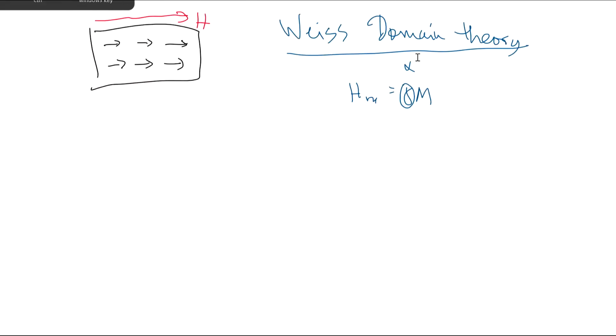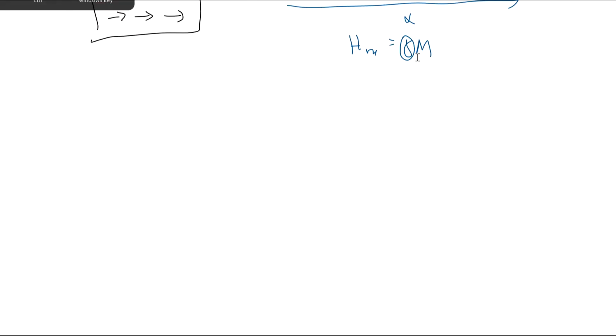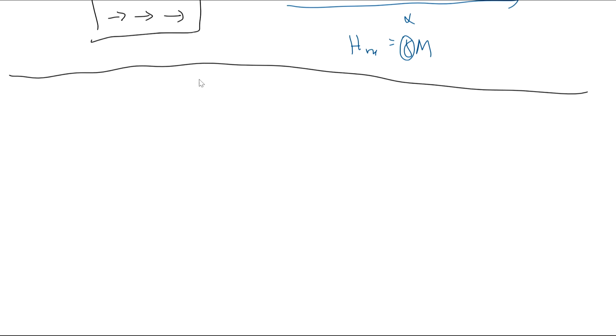If we talk about the history of this, there are several experimental observations. So let me put it here. The first historic observation that indicated the existence of domains was the so-called Barkhausen effect.